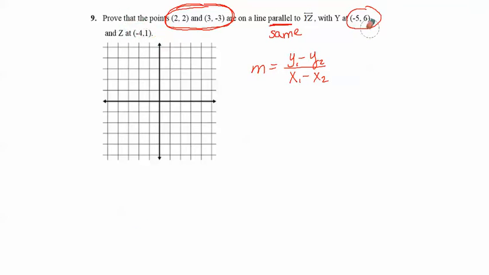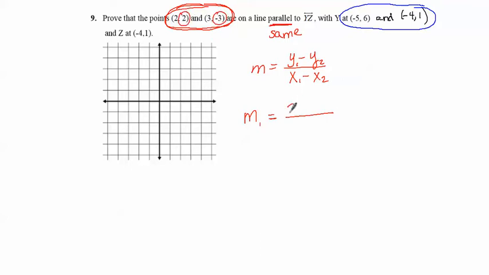And I can do the other two sets of points in a different color to help you sort them out. I'm going to rewrite this point here so that I can have them together. I'll use the formula again for this other set of points. So let's try the first one. The slope of the first line is the y minus y, so 2 minus negative 3.